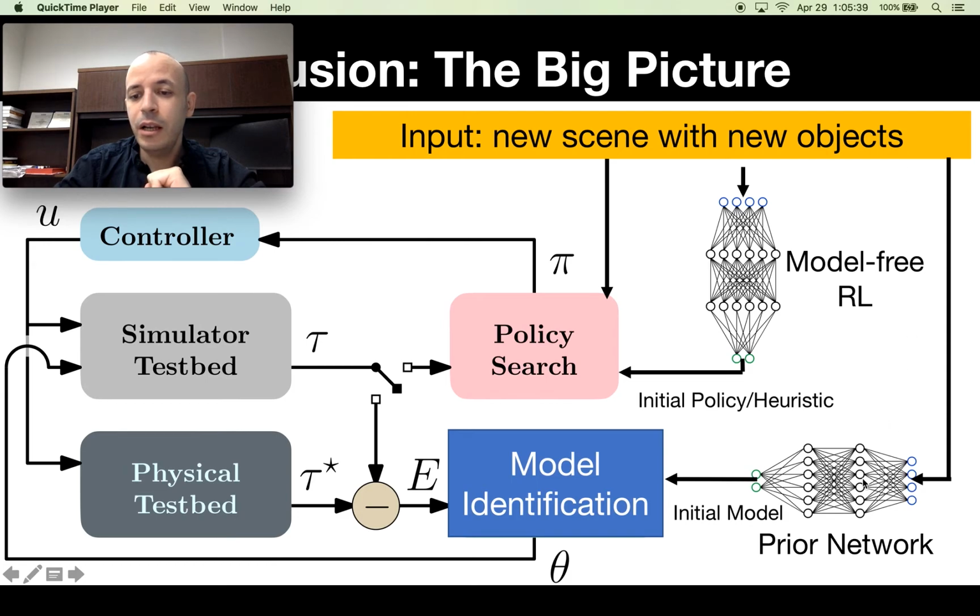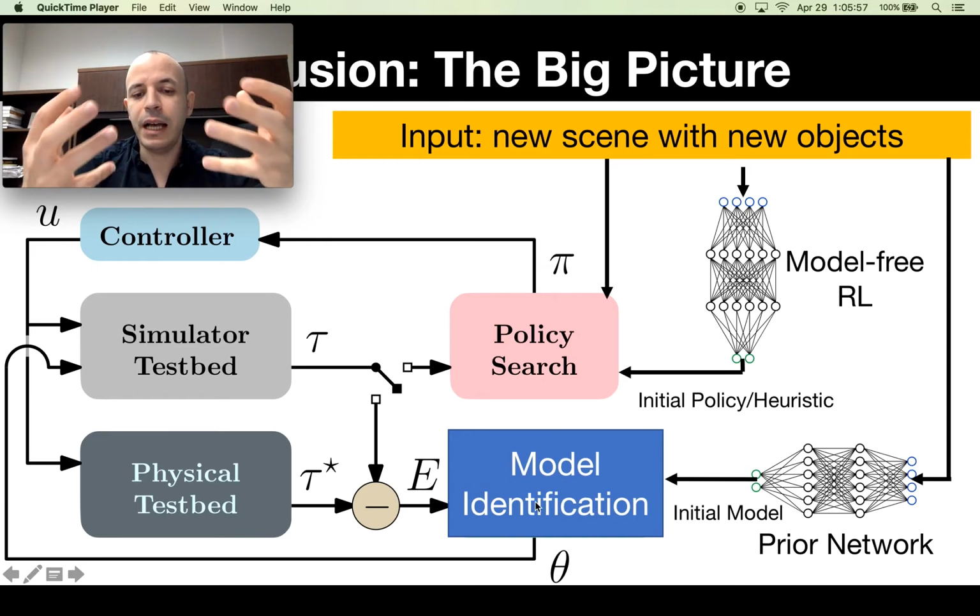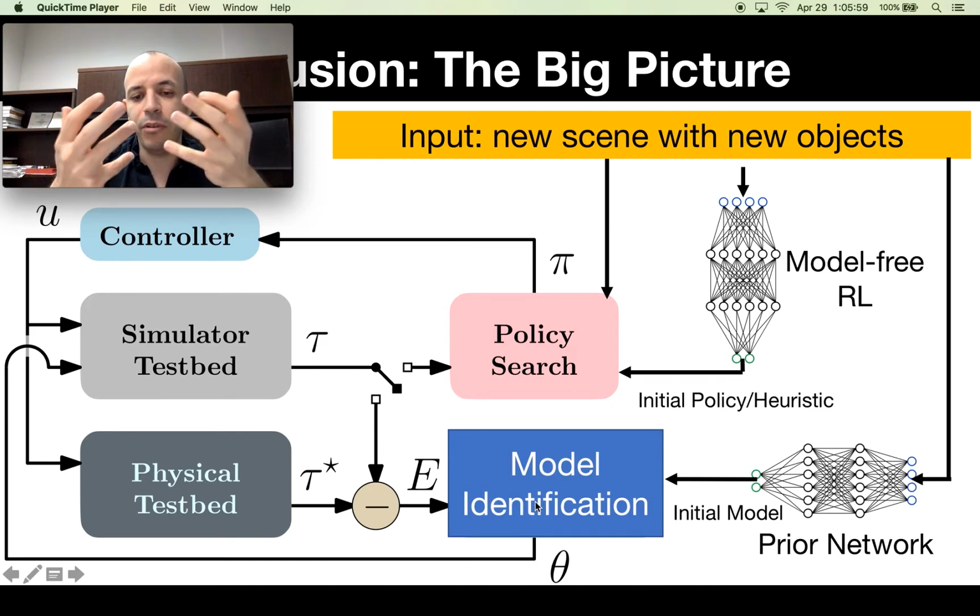But the way I consider this is that the output I'm going to get from that deep neural network is not something I'm going to trust 100%. I want to use it as an initial seed for this model identification, which is more computationally expensive, but more grounded in the reality of what I'm seeing right now.